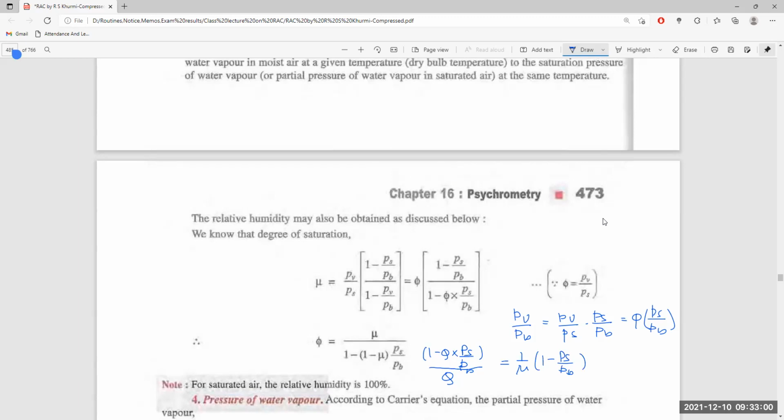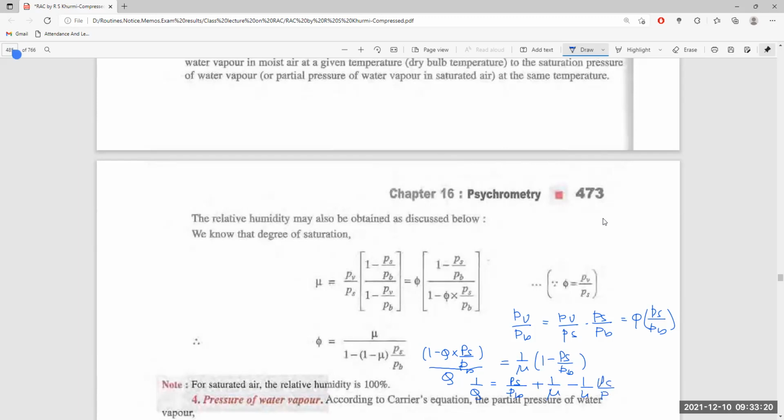If we divide them, this will become 1 minus mu equal to Ps by Pv plus 1 by mu, 1 minus mu Ps by Pv.